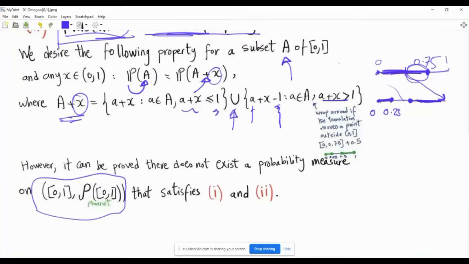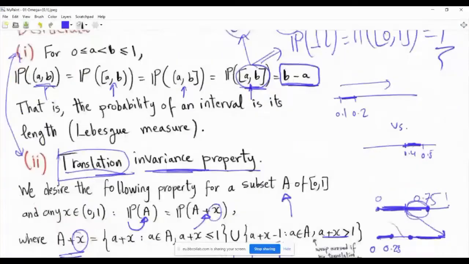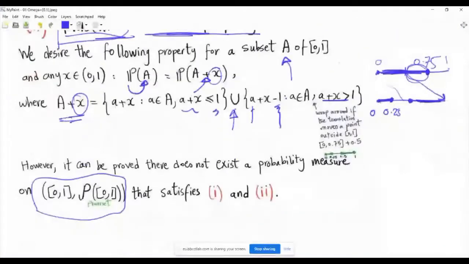And then as a sigma algebra, you may choose the power set, which is the set of all possible subsets of the closed interval 0 to 1. If this is your sigma algebra, then guess what? It may seem surprising, but you will not be able to satisfy 1 and 2 while using the power set as your sigma algebra.